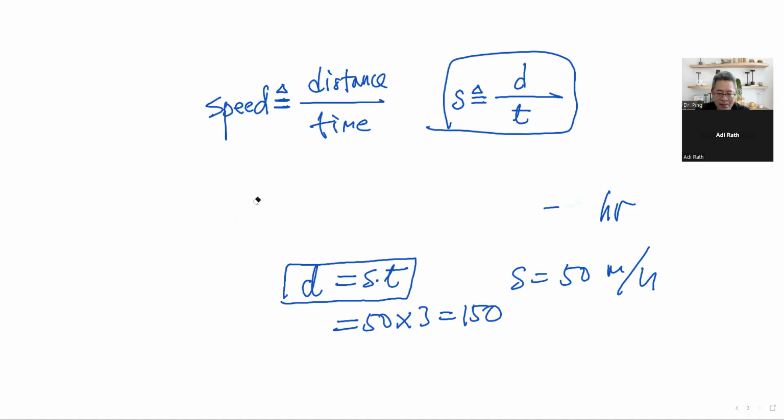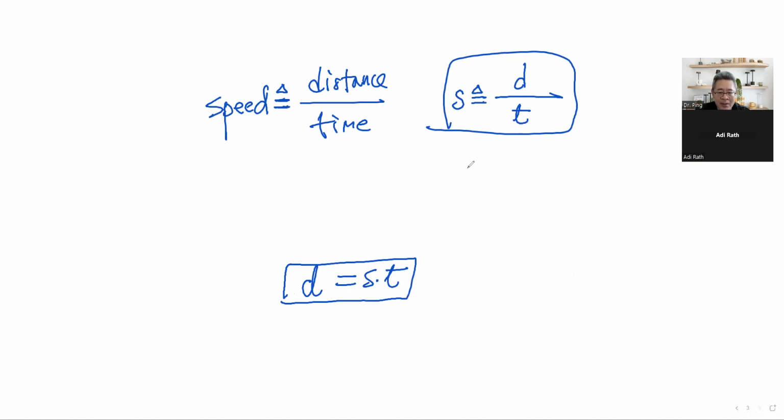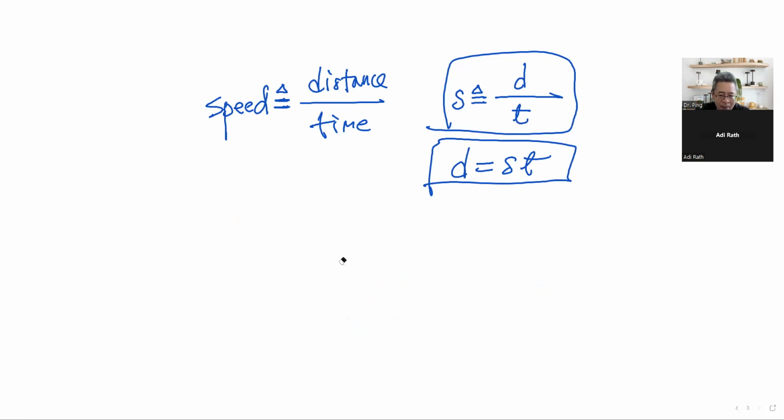Now we have two formulas. Distance is speed times time. And if we want to figure out how long it takes to go from one place to another, we know the distance, we know the speed, and we need the time. We can use the equation speed times time equals distance.